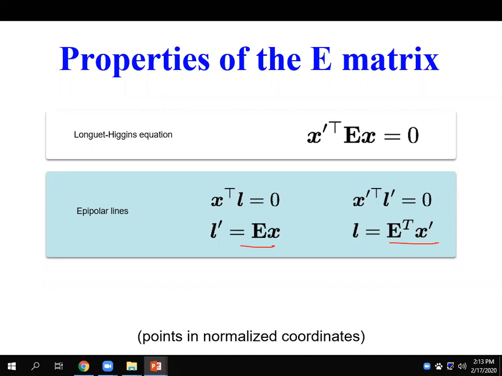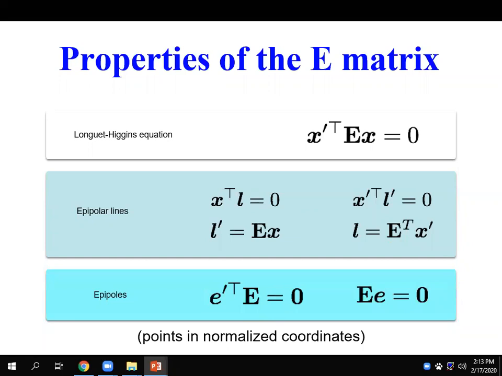So I'm mapping the X to the L dash. But if I remove this X and instead of the X, I just put the small e, the epipole, what do you expect that will be? Now I am not mapping a point to a line. What will be the result? Because all of the epipolar lines intersect at just one point, correct? So the essential matrix multiplied by e is nothing but 0.